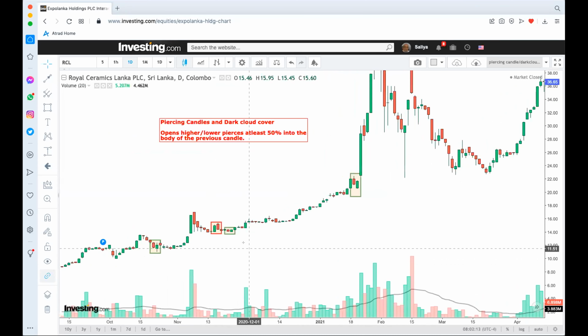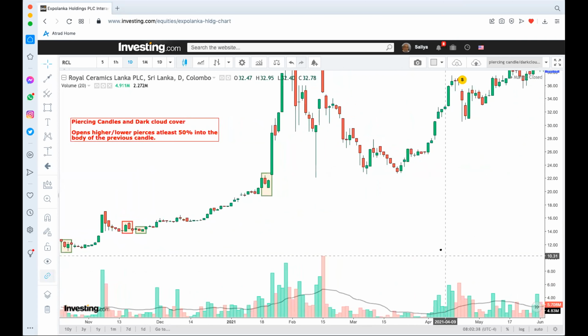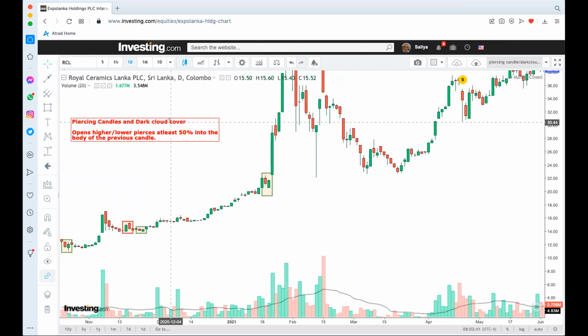Then you see here another dark cloud cover, and over here another piercing candle, but the range is very small. Here another typical piercing candle, and as I mentioned, this is a dark cloud cover. This is a piercing candle formation. So that is as far as the piercing candles and dark cloud cover patterns are concerned. Opens higher or lower, pierces at least 50% into the body of the previous candle. That is the idea behind it.